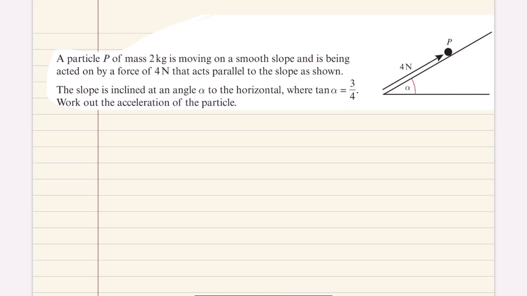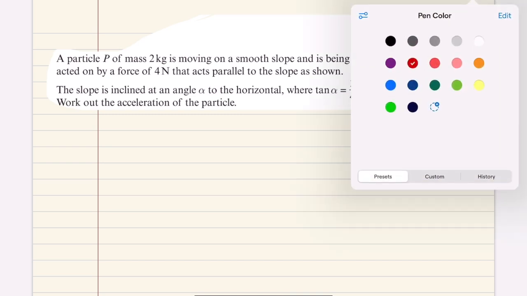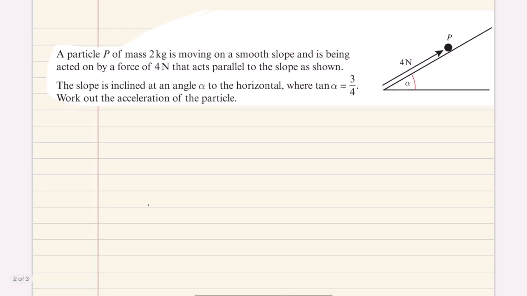So let's draw a force diagram by ourselves. First of all, we'll copy down the diagram that they have already drawn. So I will draw an inclined plane, inclined with an angle alpha to the horizontal, and the particle is considered as an object that has no dimension, but it has a weight for our convenience when it comes to calculation.